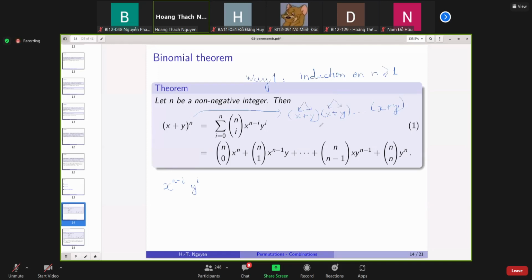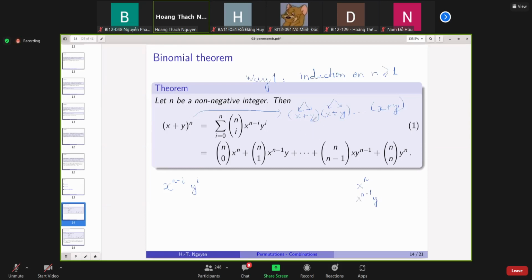So for example, if you choose x in every factor, then you will get x to the power n. If you choose x from every factor except the last one, then you will have x to the n minus 1 times y.